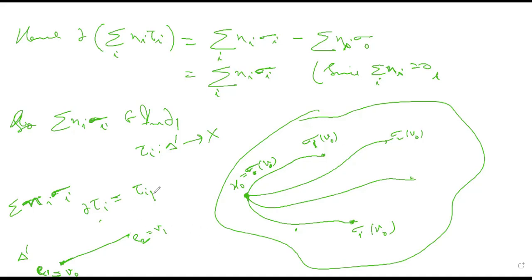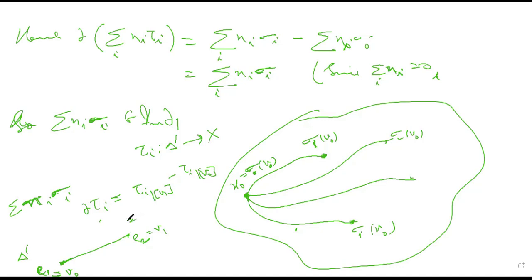So this restricted over V1 minus this restricted over V naught, right? But this is tau I restricted over V1. Because tau I is from where to where? From here to here, right? So tau I restricted over V1 is a zero simplex whose image is going to be this.